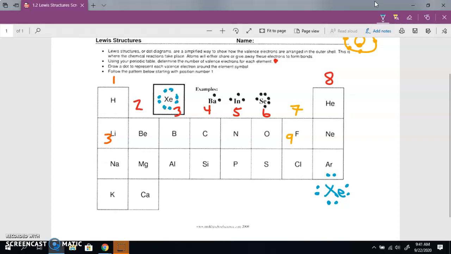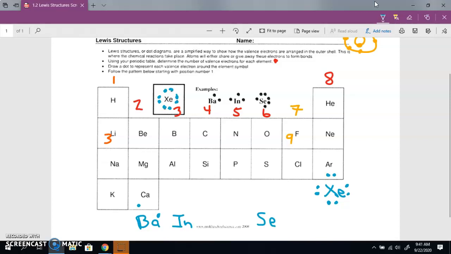Okay, if we do 3 more examples here, barium is right down here. It's actually 2 spots below calcium. Indium is a main group 3 element, and it's 2 spots below aluminum, so I'll put indium right there. And selenium is a main group 6 substance. Selenium goes down here. For barium, which is main group 2, it would get 2 electron dots, so it would go single, single.